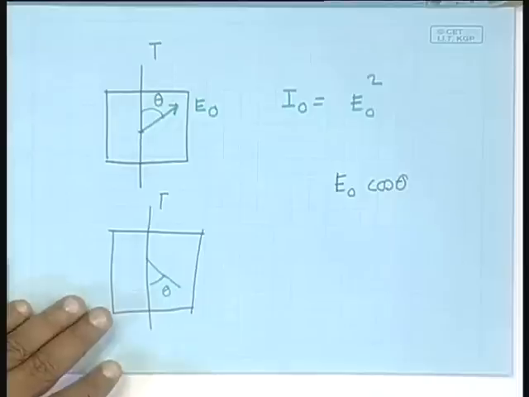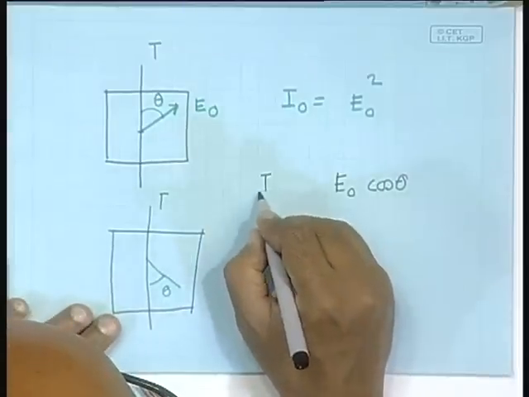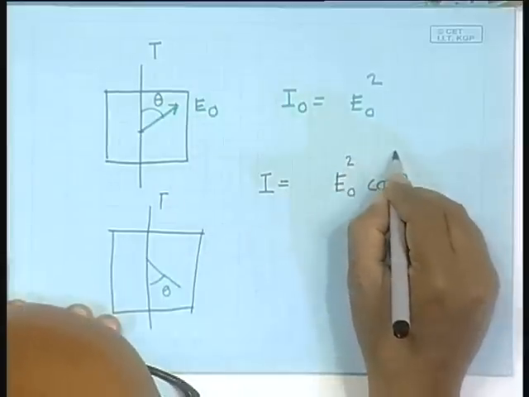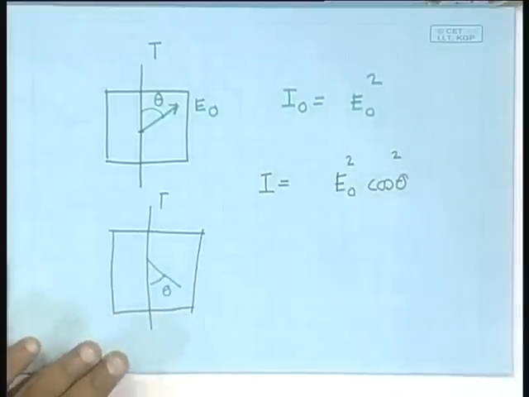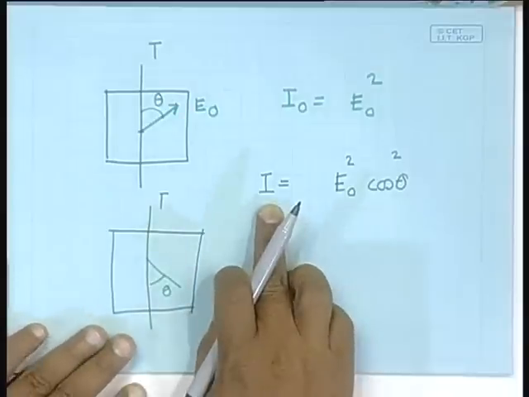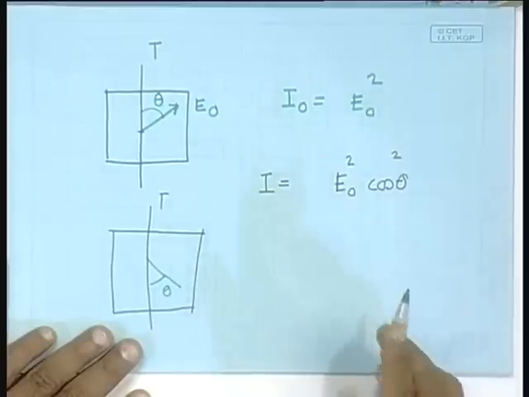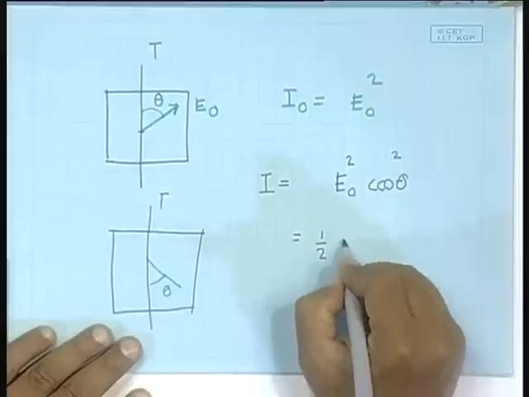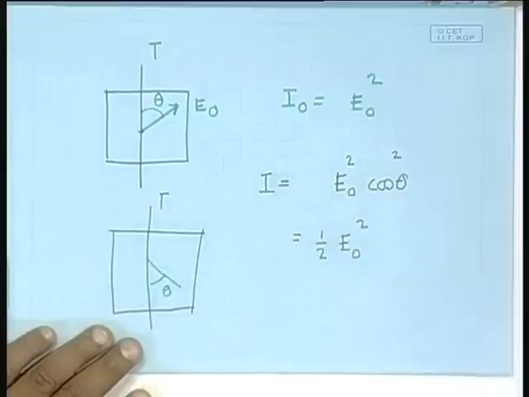So, the intensity of the light that is allowed to pass through is I equal to E naught squared cos squared theta, and this cos squared theta is not fixed, it varies rapidly and randomly over time. So, what you really measure is the average, and the average of cos squared theta is half. So, the intensity that comes out is half E naught squared.